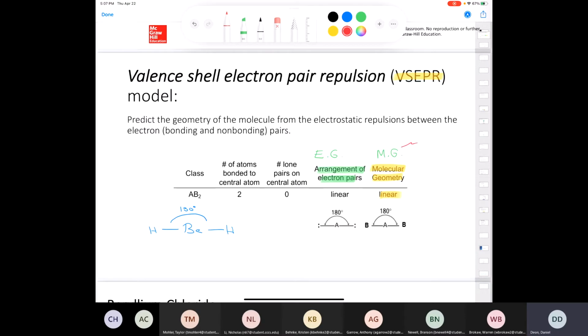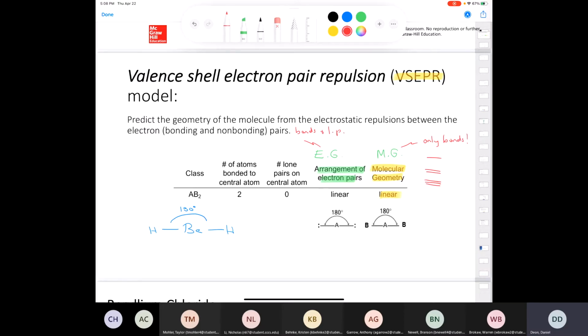Molecular geometry considers only bonds, okay? Only bonds, whether they're single bonds, double bonds, or triple bonds. It only considers bonds, molecular geometry. Electron geometry considers bonds and lone pairs. Okay, so we're going to look at Lewis structures wherein we have lone pairs.